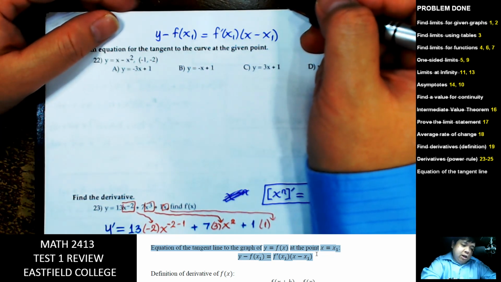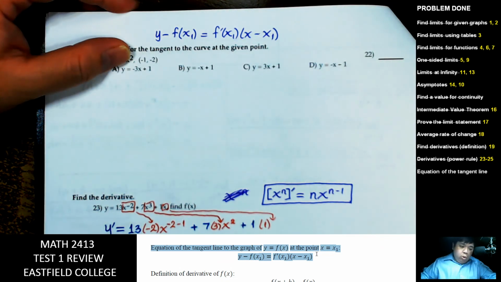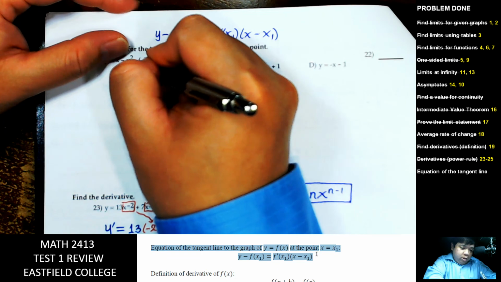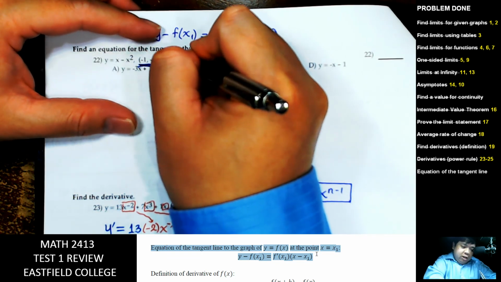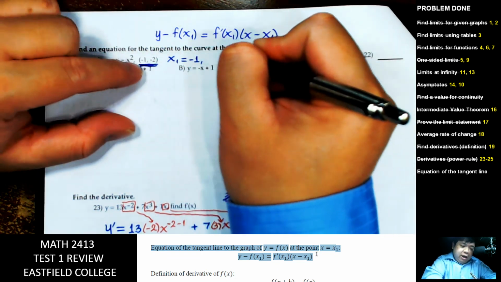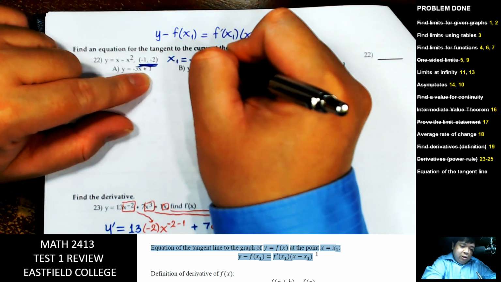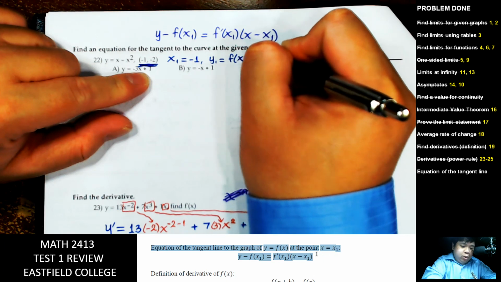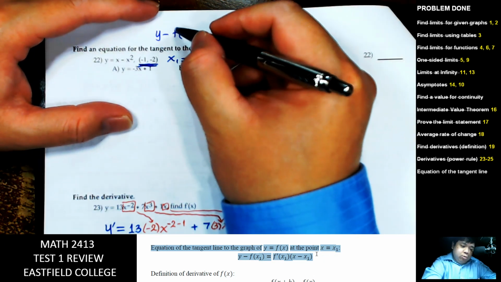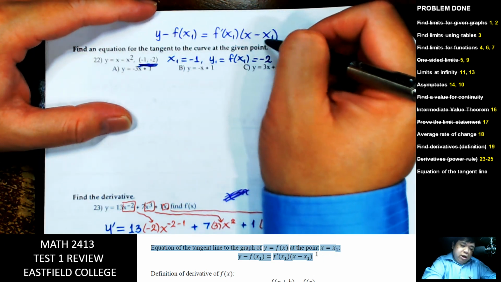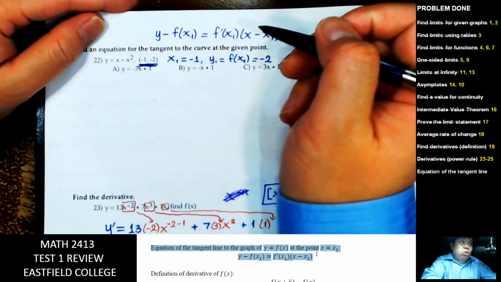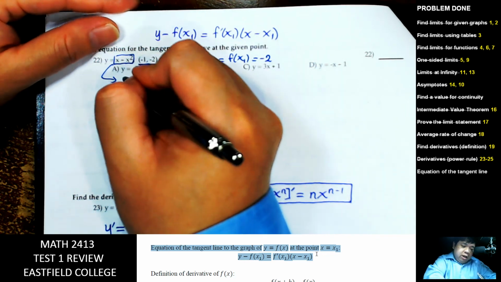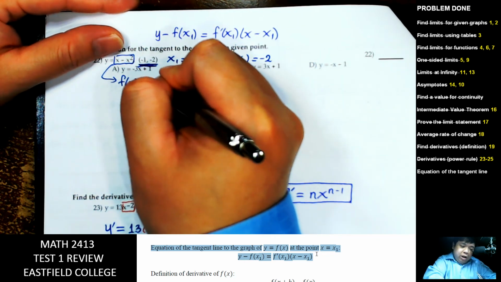Right. So in this we have a point, which will be x1 is negative 1, and y1, the value of the function at x1, is negative 2. So this is going to be negative 2, this is going to be negative 1. We just need to know the derivative. The function is x minus x squared, so f of x equals x minus x squared.